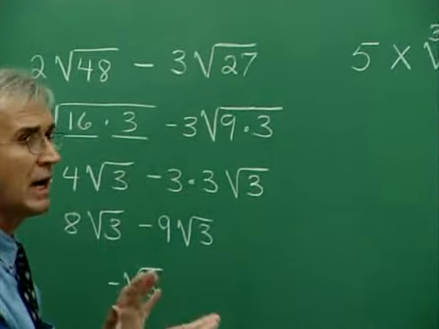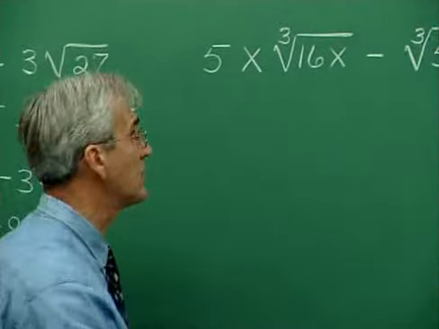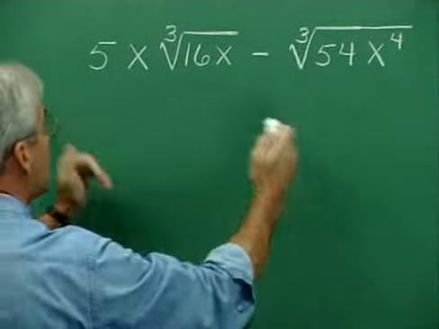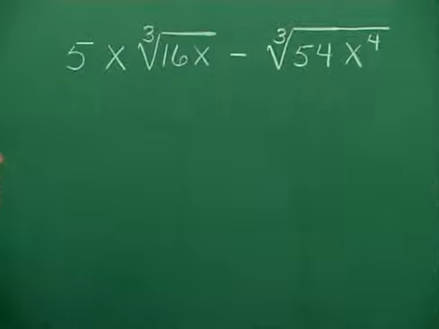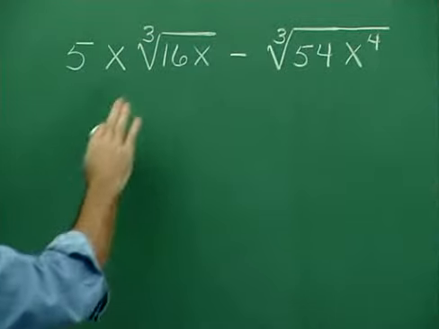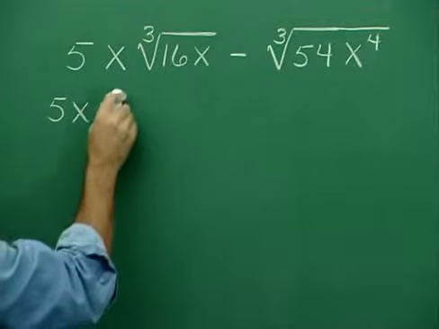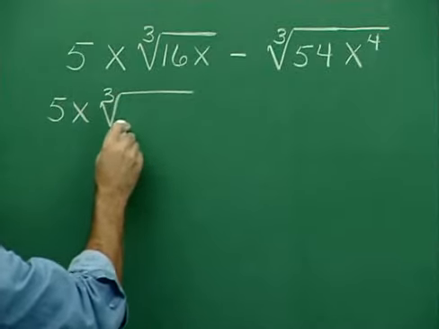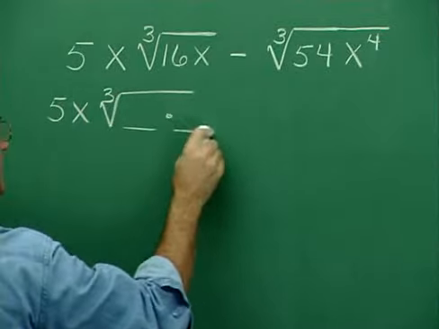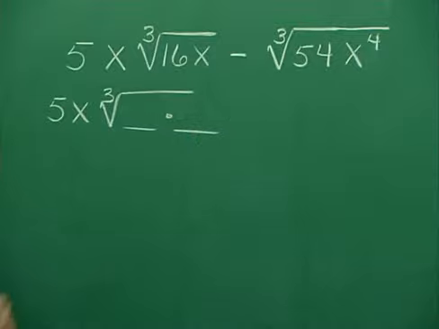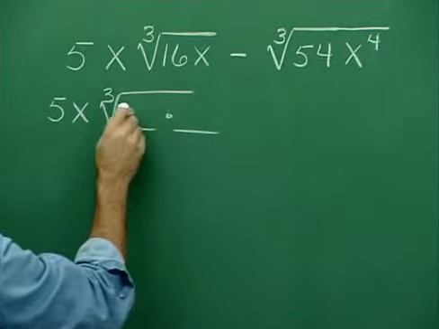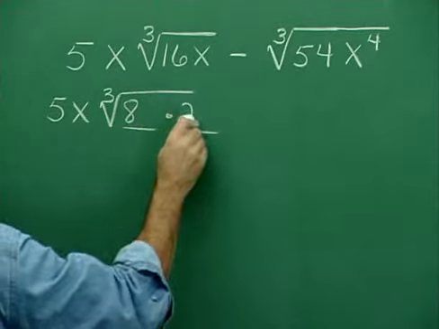Here's a problem, same idea for our concept. That is, we want to just simplify here, and see if we have like terms in order to collect. Now, under the radical, we're looking for a factorization which is cubes times leftovers. This is the idea. The largest cube in 16 is 8. 16 then is 8 times 2.